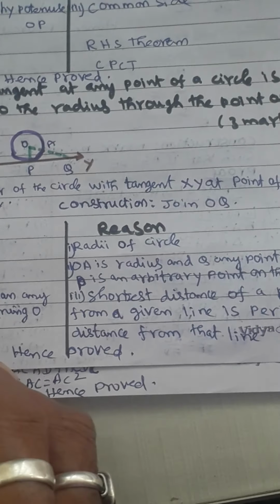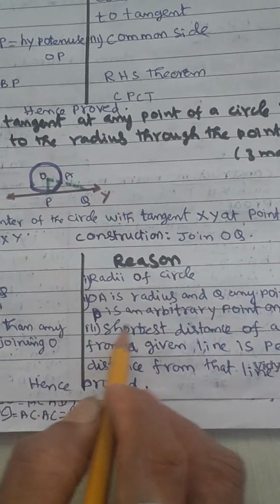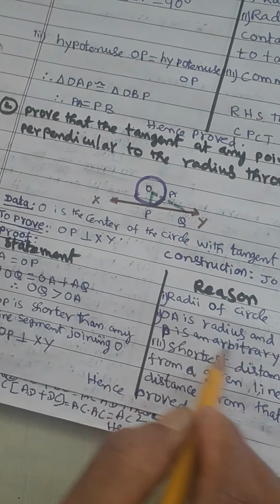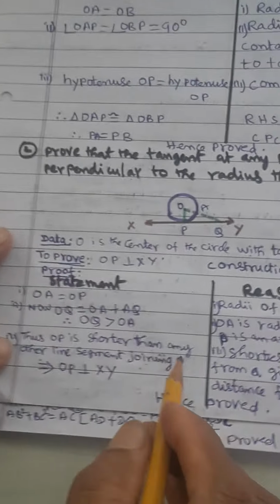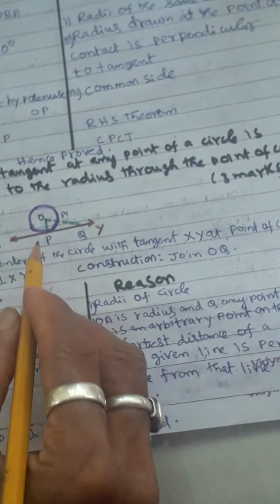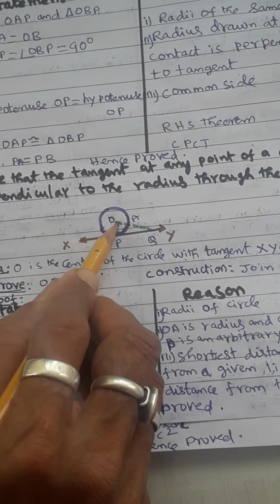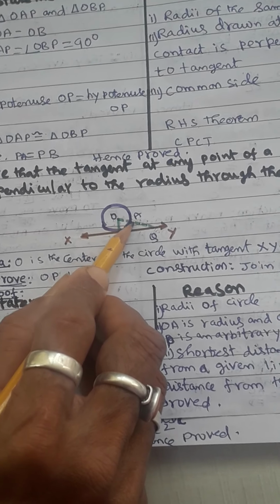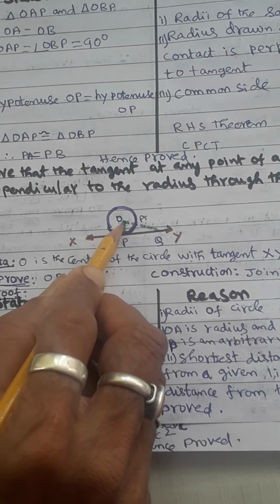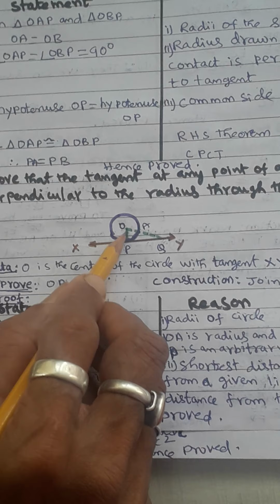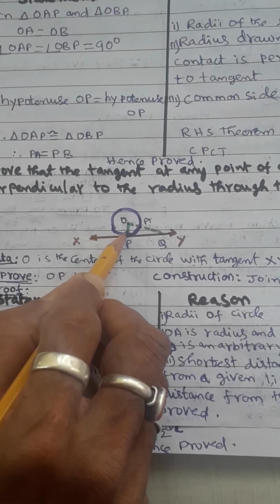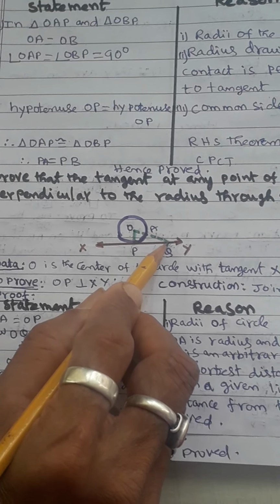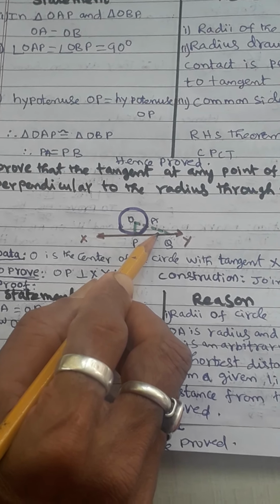Then we already know that P is an arbitrary point on the tangent. Now because OP is shorter than the other line segments, consider the point here. Suppose you take any other point, it will be greater than the radius.